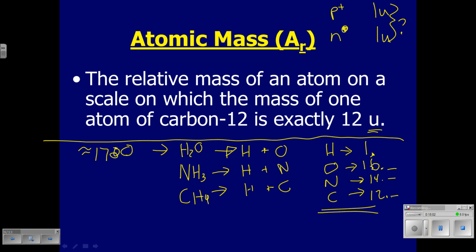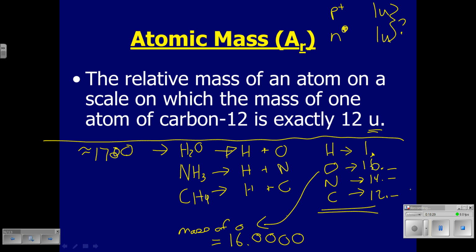So they felt that maybe something was not right, that maybe hydrogen isn't a good starting point for weighing things. So they actually used oxygen. And they said, let's make the mass of oxygen exactly 16. No decimals, all zeros. And that got rid of most of the decimals, okay?